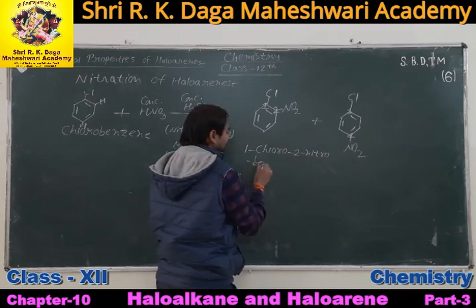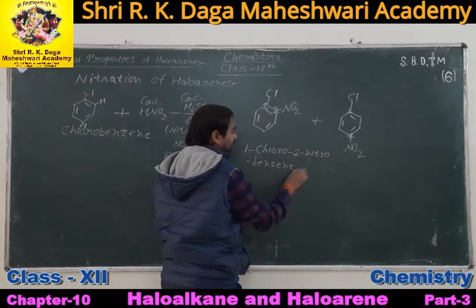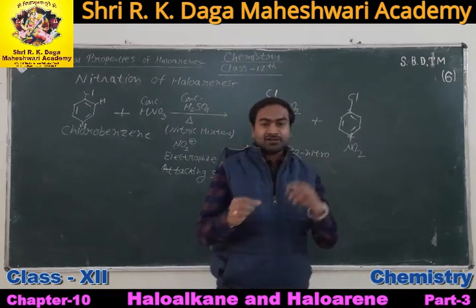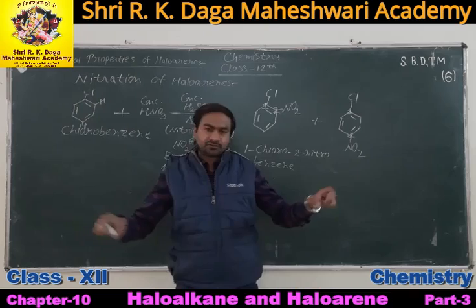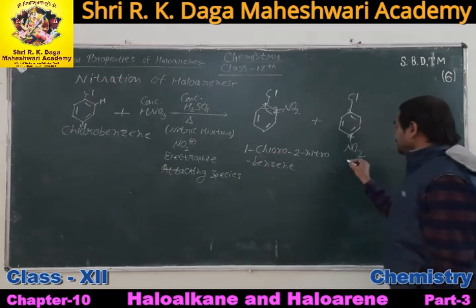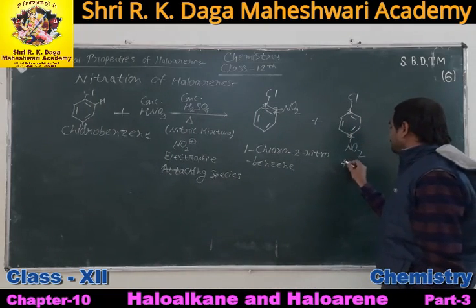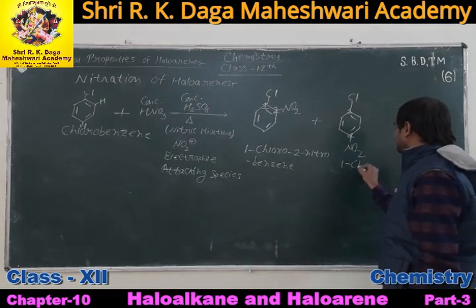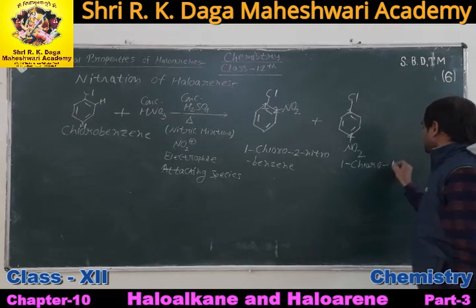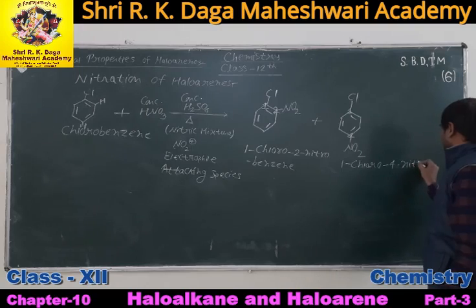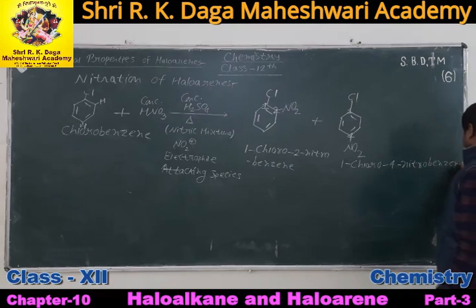I am writing the benzene here separately, but you should write the whole IUPAC name in a single row. So here it will be 1-chloro-4-nitrobenzene, and in the last the root chain is benzene.